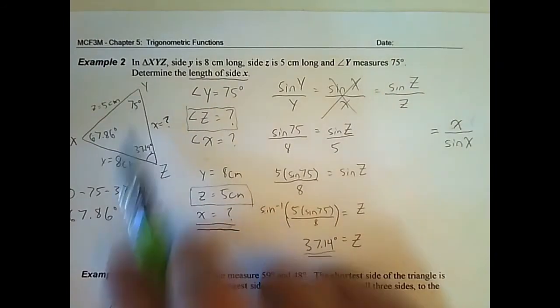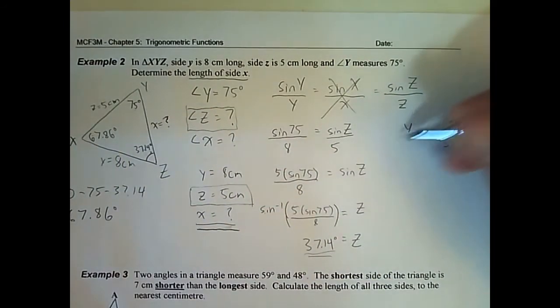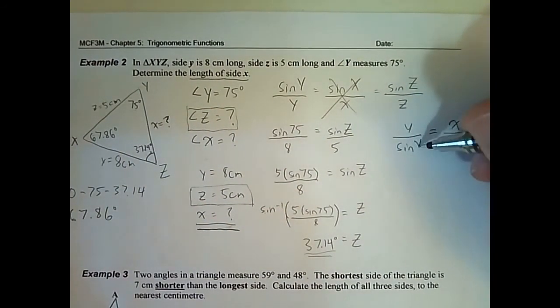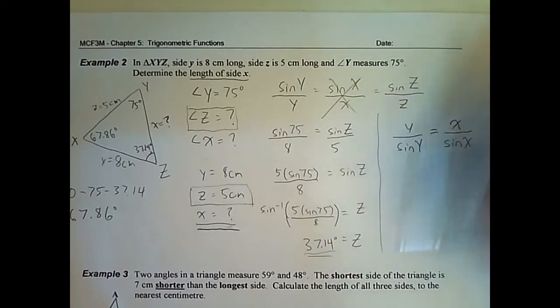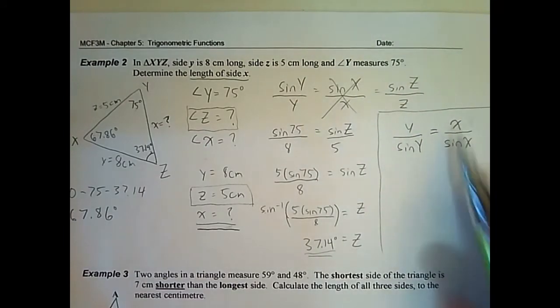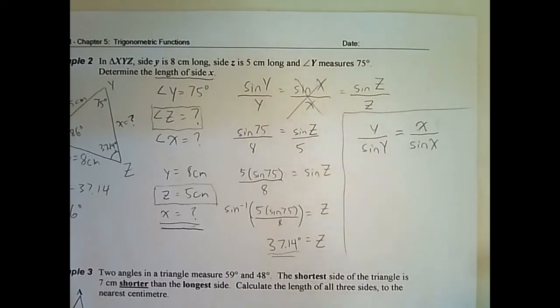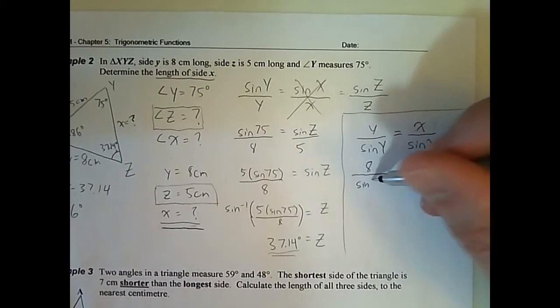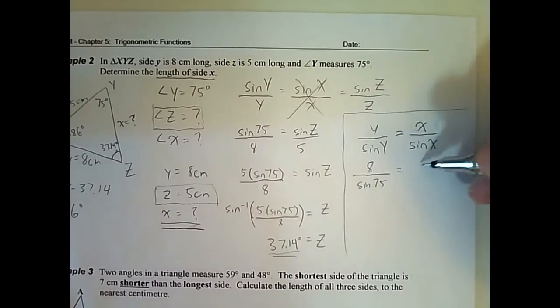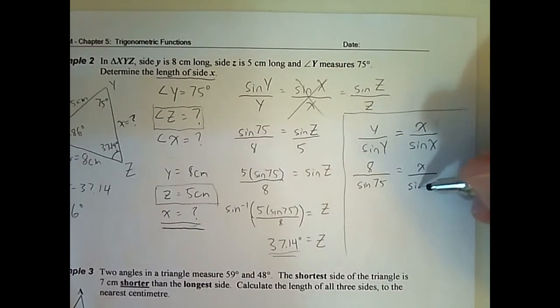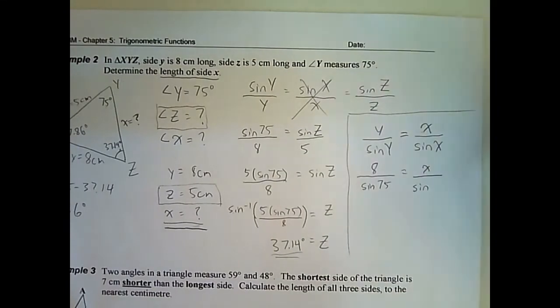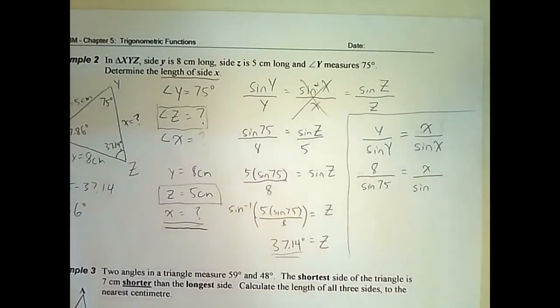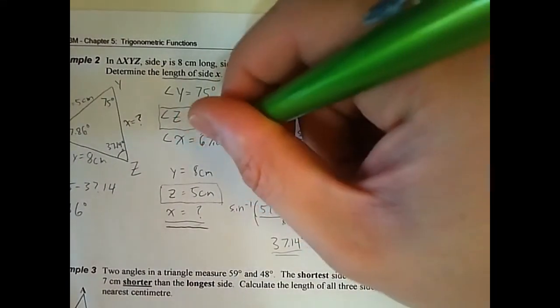So I'm going to put Y over sine Y because I want the side lengths. So I'm going to put those on the top of the ratios. So we said Y side length is 8 over sine 75 is equal to X over sine X, and we said the angle of X was 67.86 degrees.